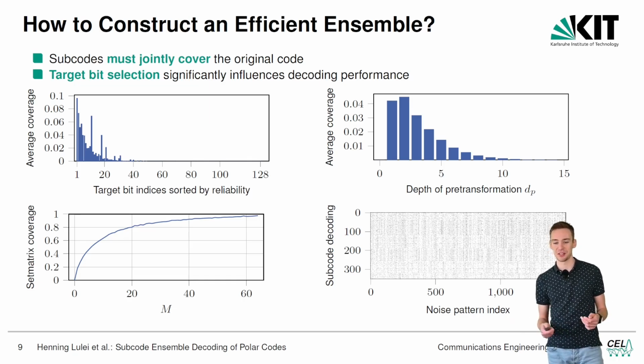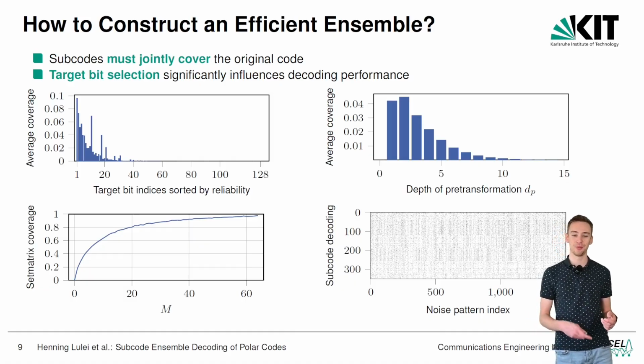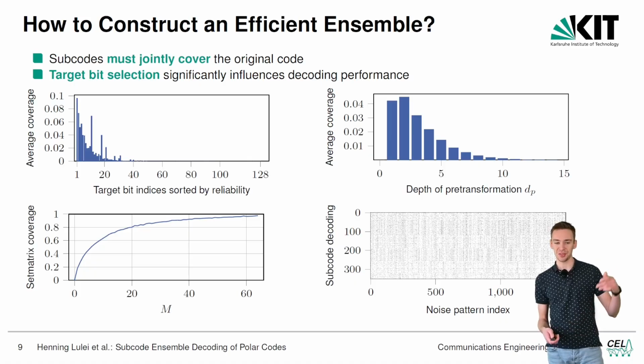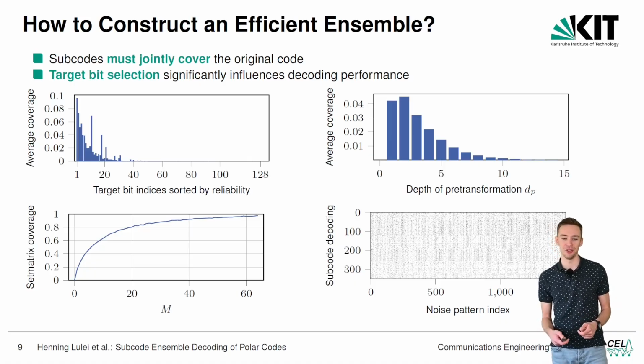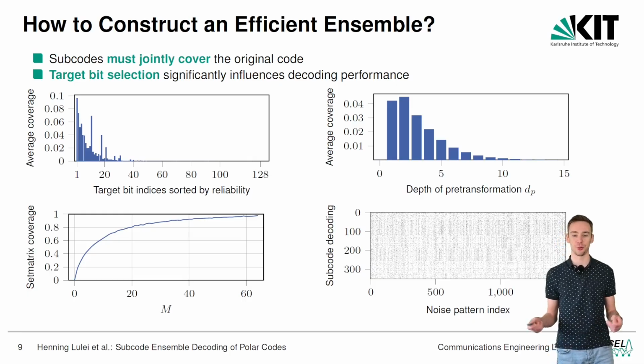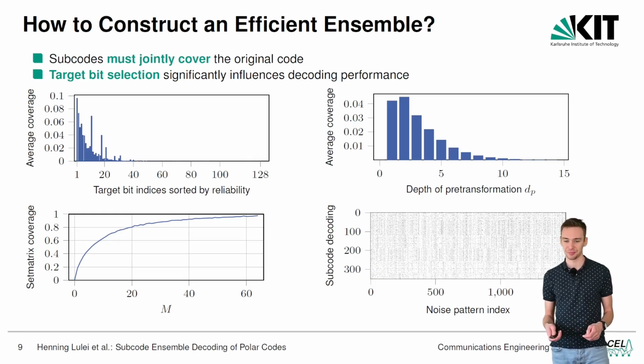This makes a lot of sense, because if we use them in our type C pre-transformations, these target bits become sort of dynamic frozen, meaning that they no longer negatively influence decoding performance with their unreliability. This is why we see that exponential decay. However, you might have noticed that there are some outliers in that decay, but unfortunately we haven't found an explanation for that yet, and that is the goal of our future research.